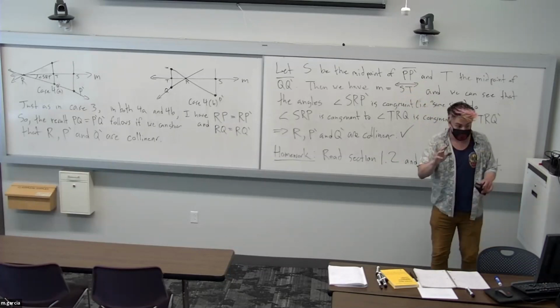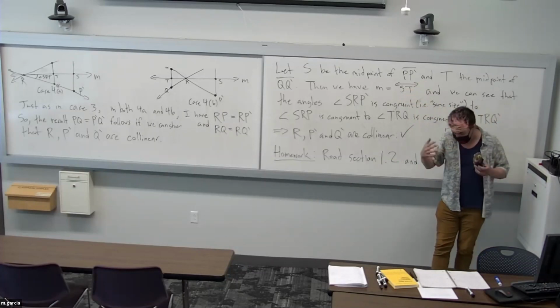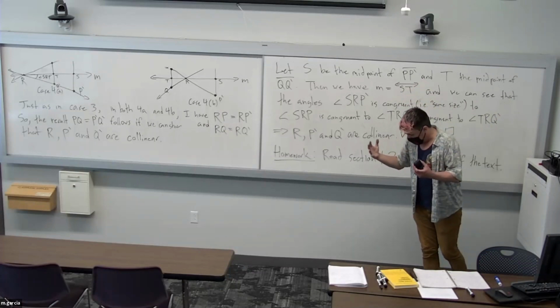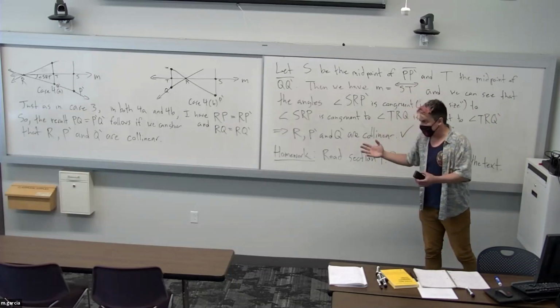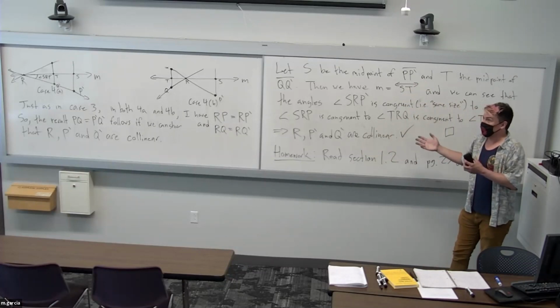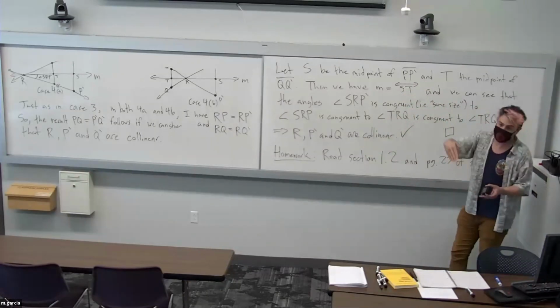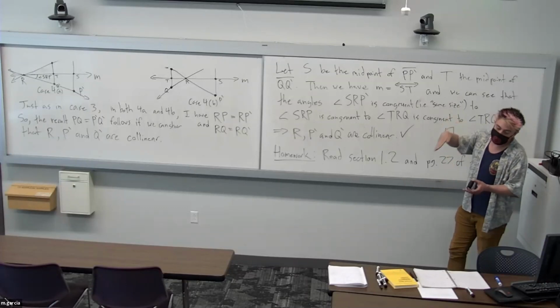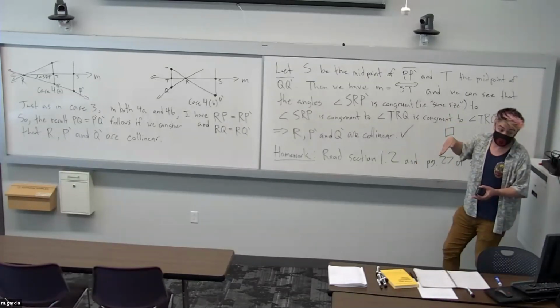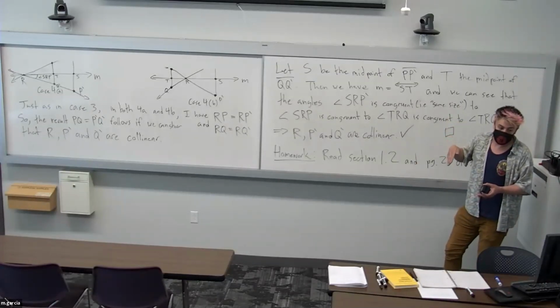So the upshot is, by reflecting the house, we were able to draw a straight line that hit that riverbank line that we were interested in. Okay?